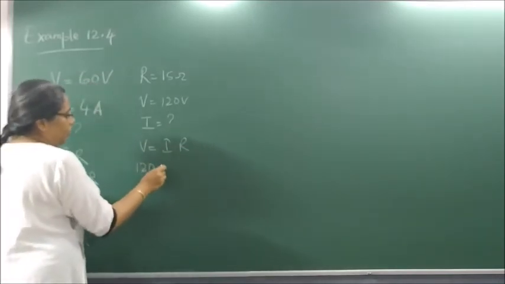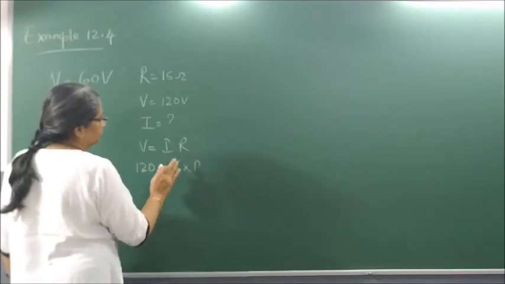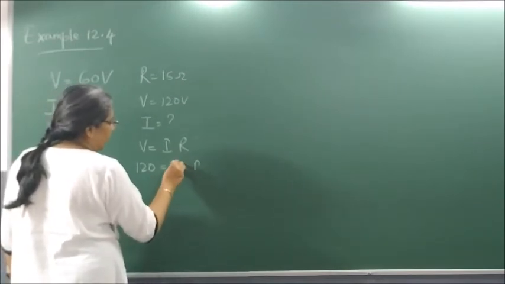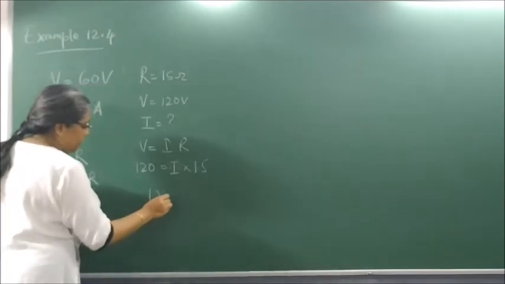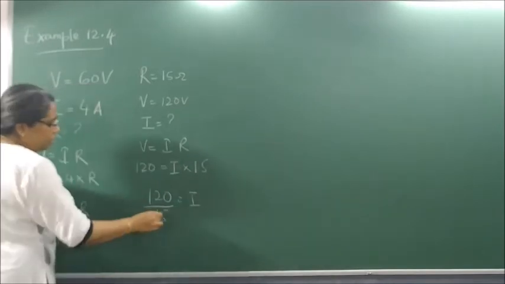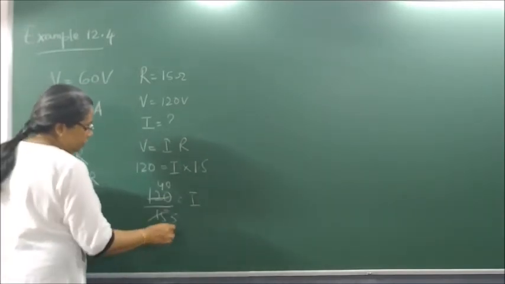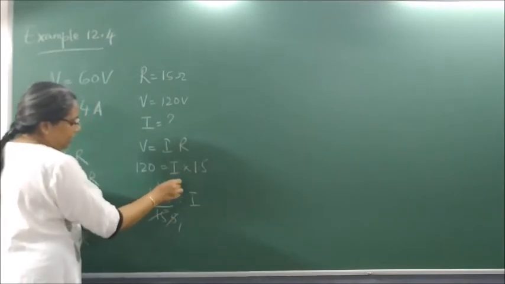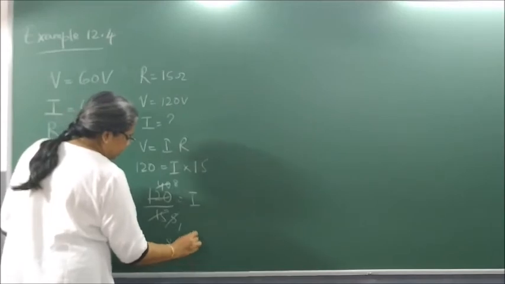So 120 is equal to I into 15. So 120 by 15 is equal to I. 3 5s are 15, 3 4s are 12, 5 8s are 40. 8 ampere is equal to I.